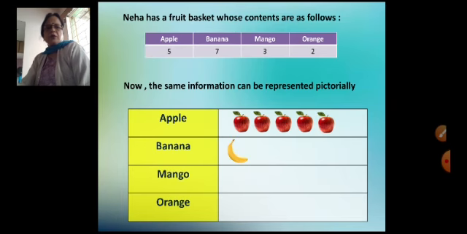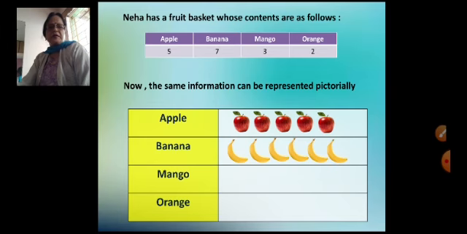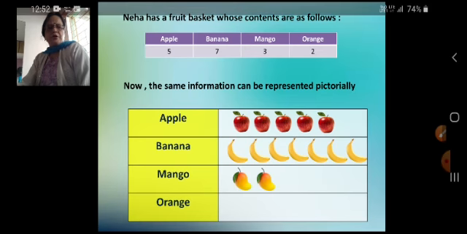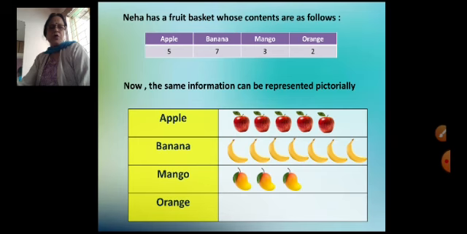Banana 1, 2, 3, 4, 5, 6, 7: 7 bananas. Mango 1, 2, 3: 3 mangoes. Orange 2, 1 and 1 more, that is 2 oranges.